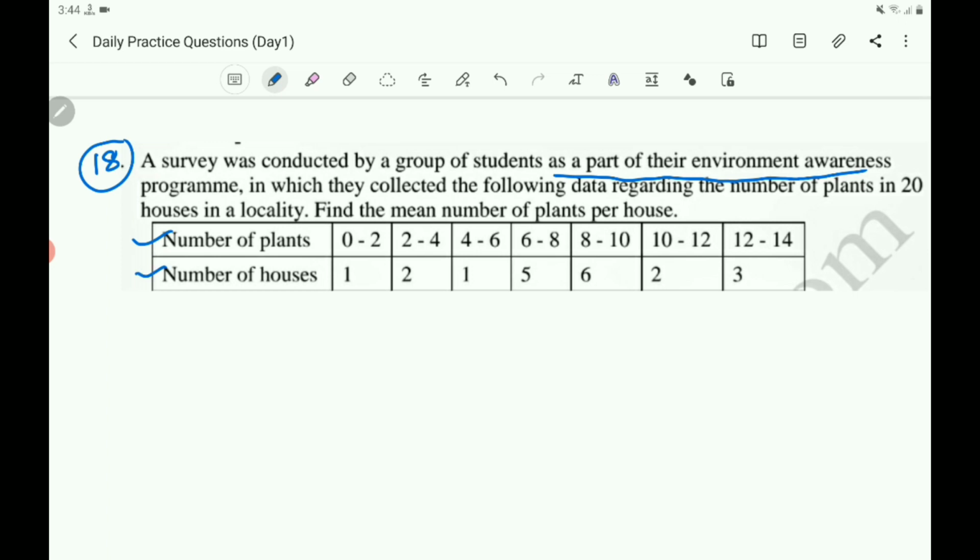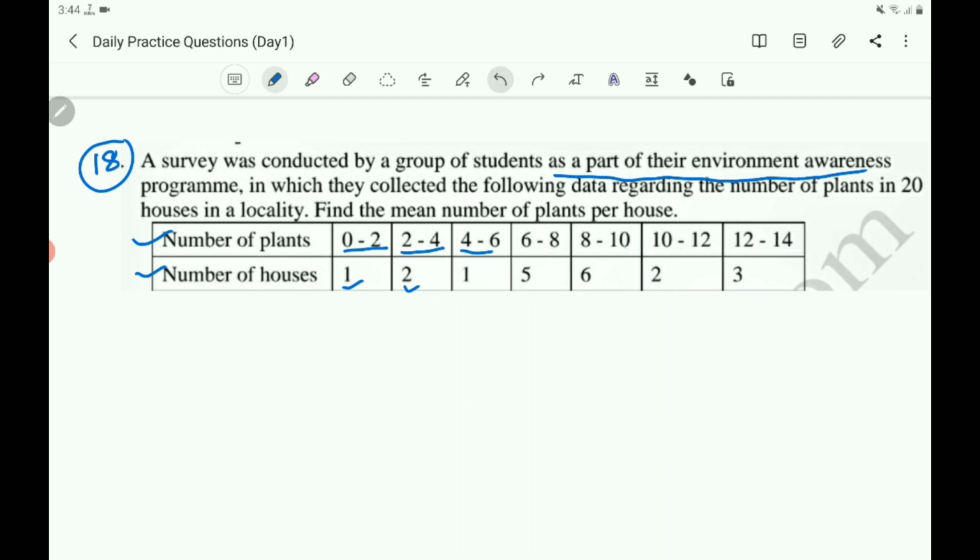Then the number of houses: 0 to 2 plants are from 1 house, 2 to 4 plants from 2 houses, 4 to 6 plants from 1 house, 6 to 8 plants from 5 houses, 8 to 10 plants from 6 houses, 10 to 12 plants from 2 houses, 12 to 14 plants from 3 houses.